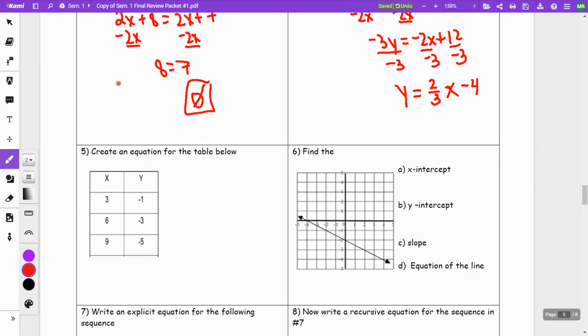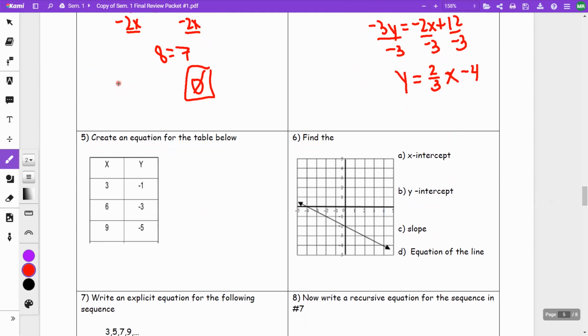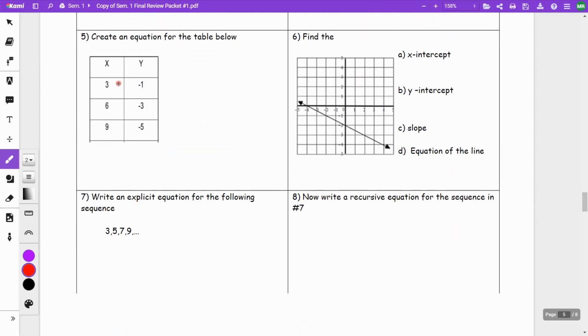Okay, on number 5. So I am minusing 2, I am adding 3.